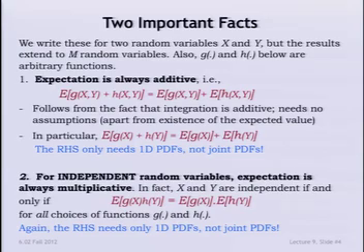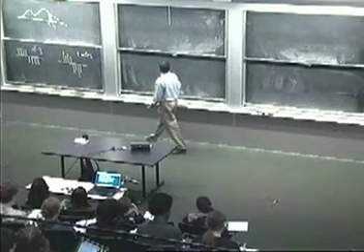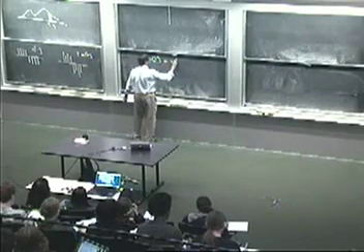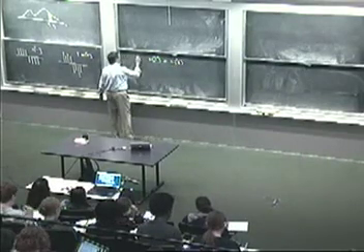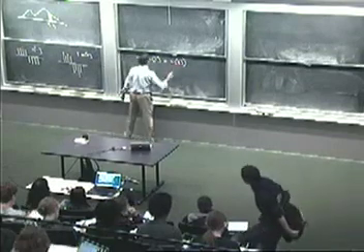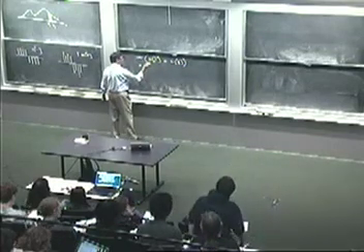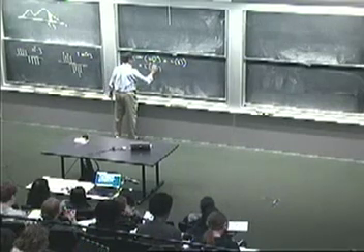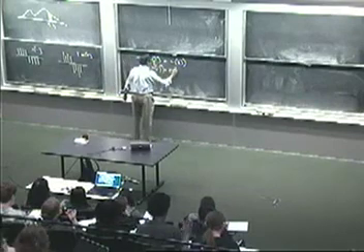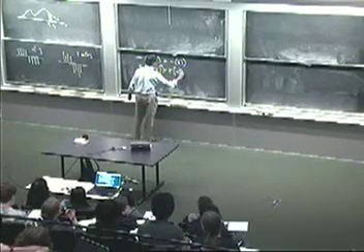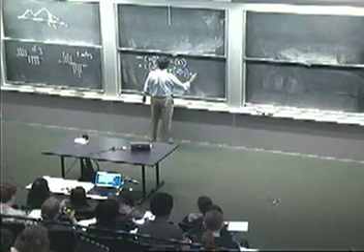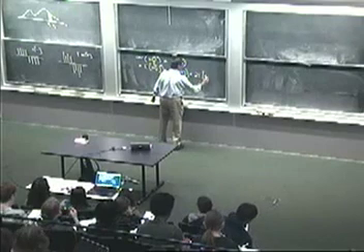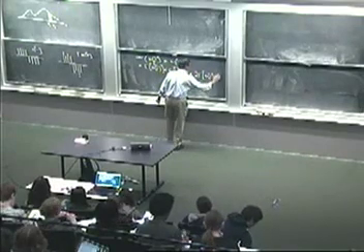For instance, when you're computing the variance of, let's say, W1 plus W2, this is the zero mean case, so you'll find that you're computing the expected value of W1 squared, and then the expected value of W2 squared. And then you've got twice the expected value of W1 W2.